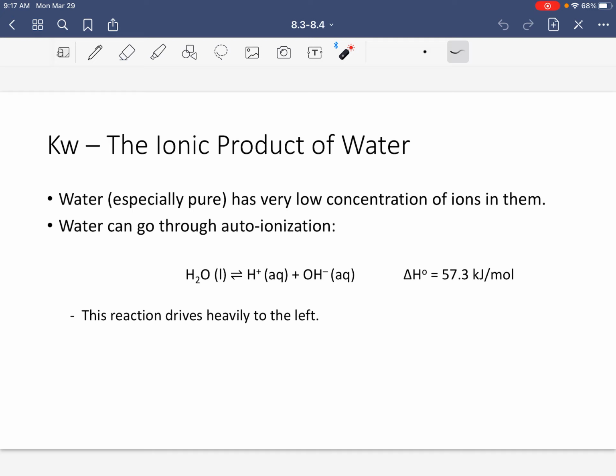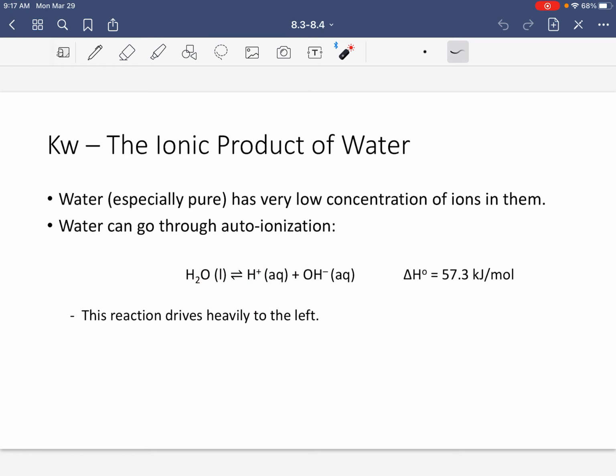This reaction at room temperature is at equilibrium, but if you increase the temperature, the reaction will drive forward, creating more H+.